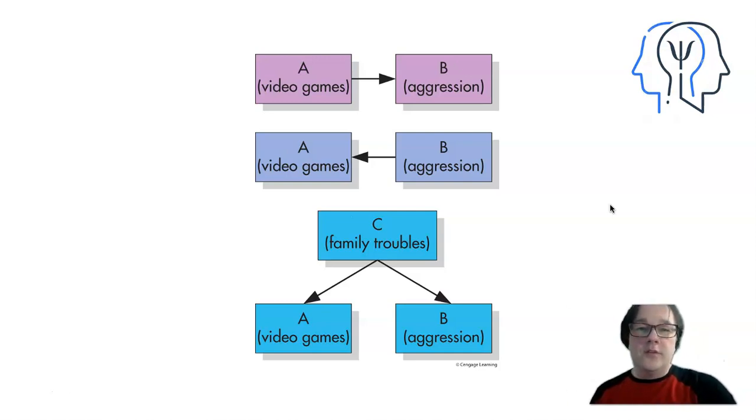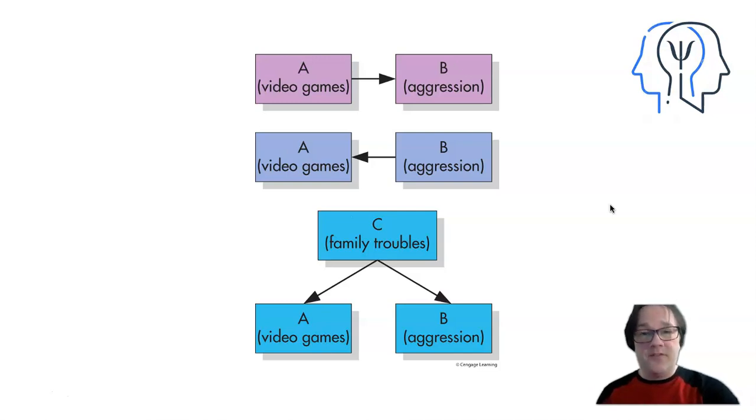We also run into what's known as the third variable problem. Third variable problem is that there might be some other variable out there that is causing both of these things. Some other variable that we didn't look at. Some other variable that we might not even know about, right?